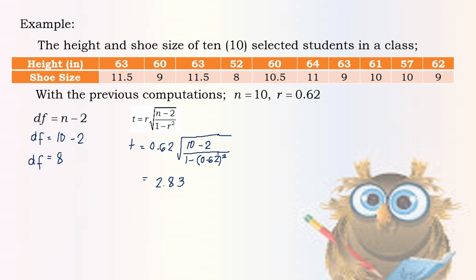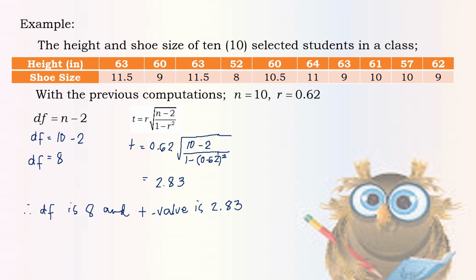So therefore, our degrees of freedom is 8 and the t value is 2.83.